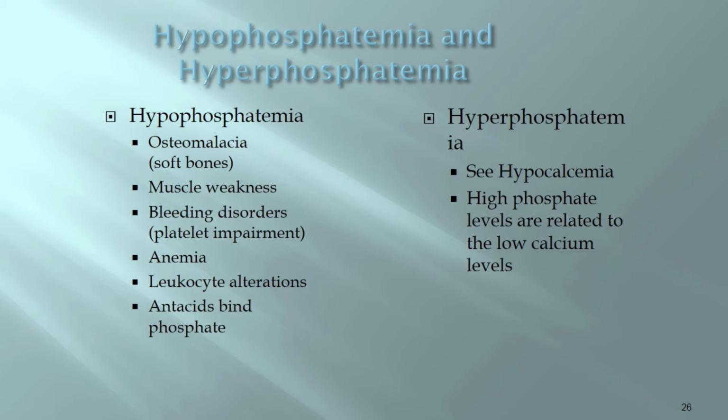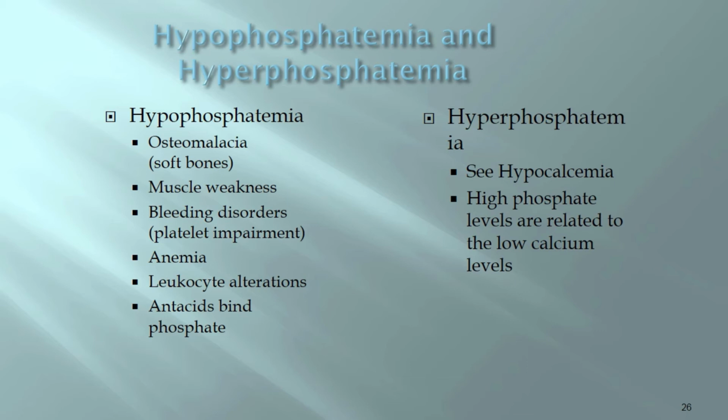However, if a patient has untreated gastroesophageal reflux and TUMS becomes the answer, then the antacid will bind a significant amount of phosphate and result in hypophosphatemia. So the patient may present with muscle weakness, and something so innocent as antacids may result in complete energy metabolism dysfunction.